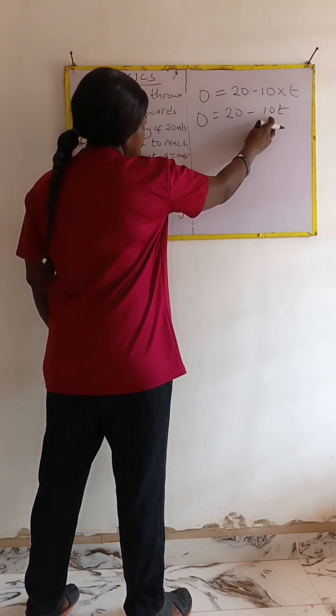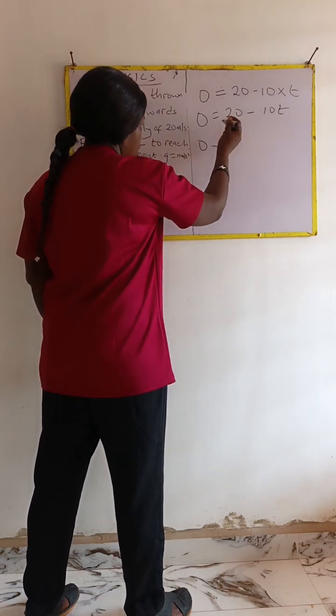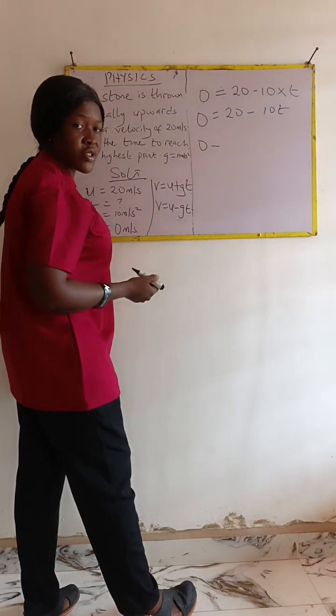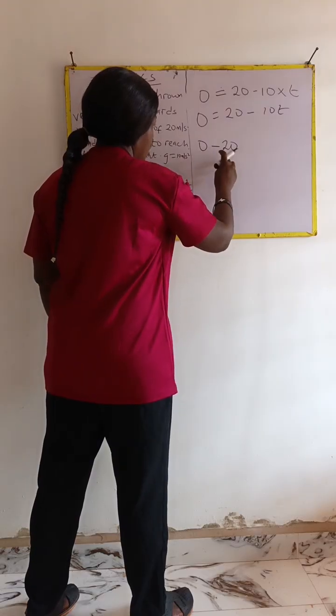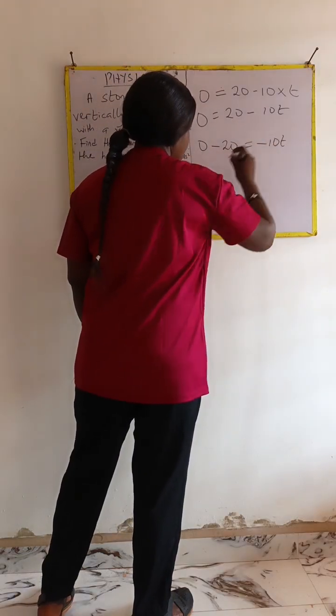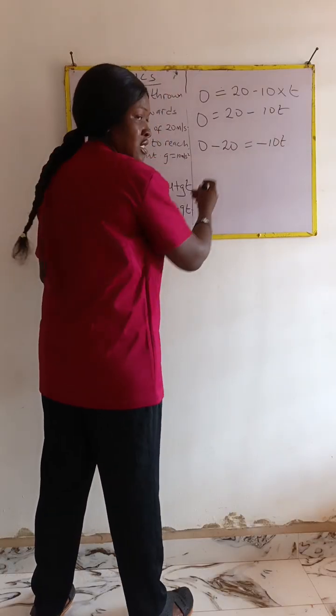Good. Now because this is t, I'm going to carry this one to this side. So I have 0 minus, but this is positive. If it crosses a positive sign, I will have negative. So 0 minus 20 will give me minus 10t. For me to find t, I will divide by the coefficient of t.